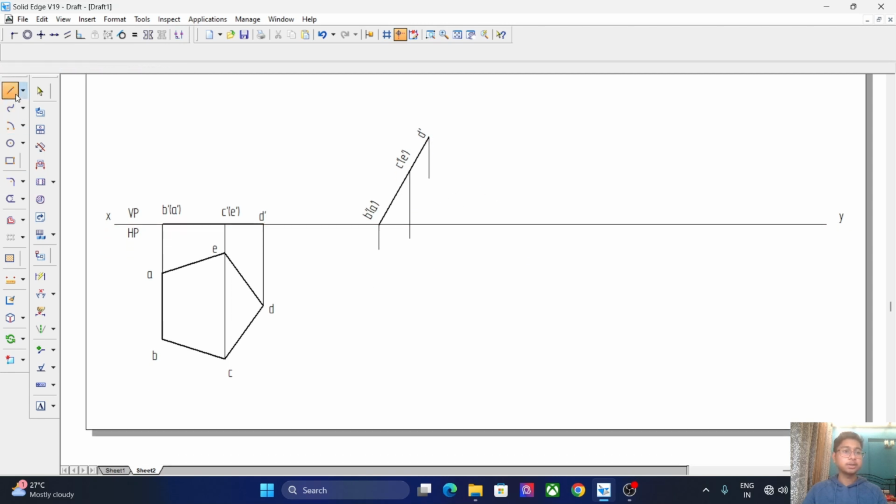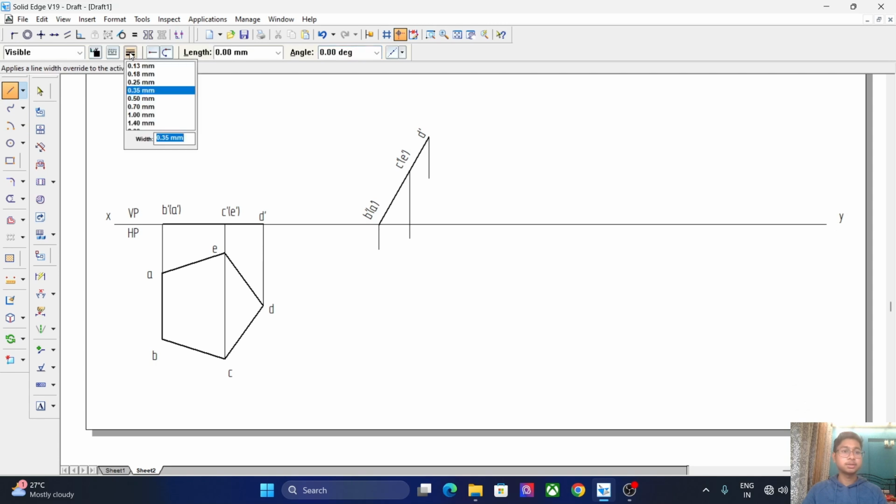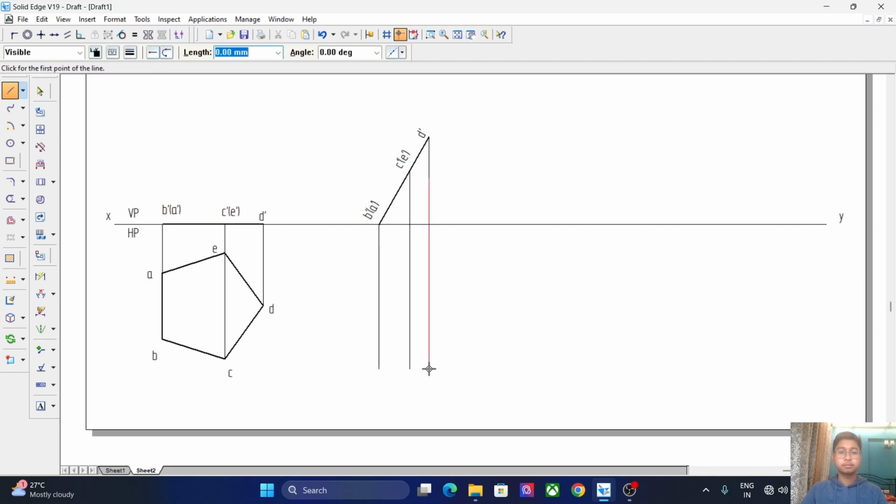Now we will extend these lines by thin lines. Now we will extend these lines also to make the second diagram.